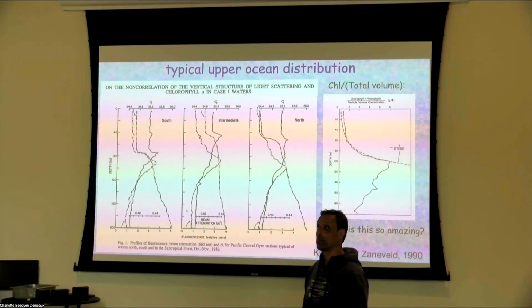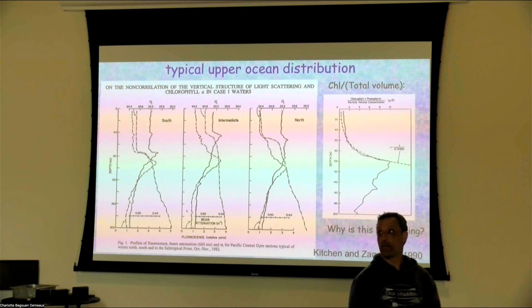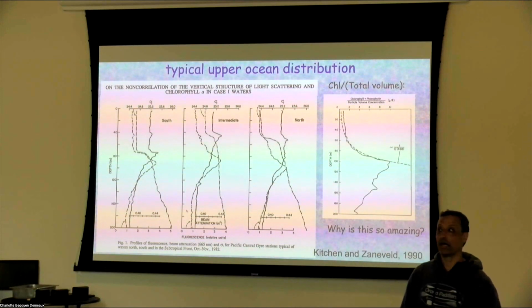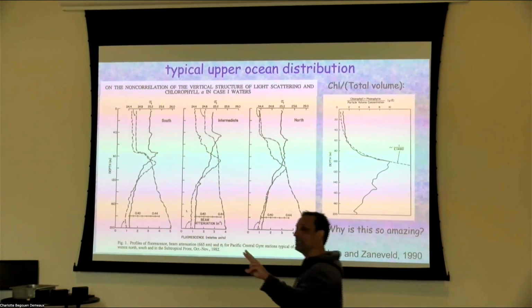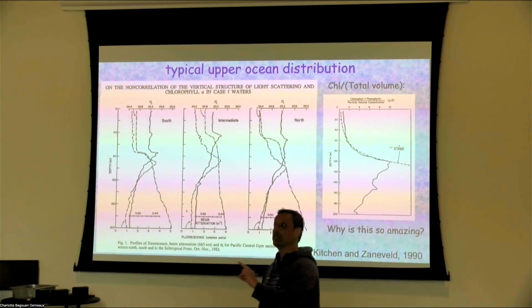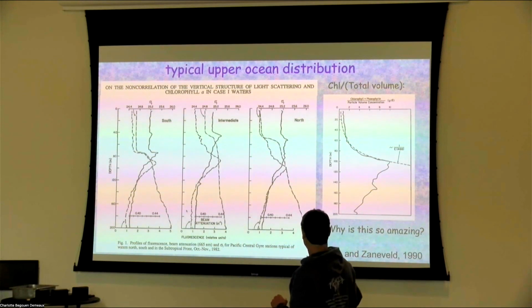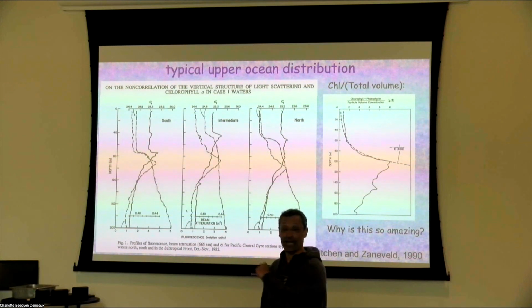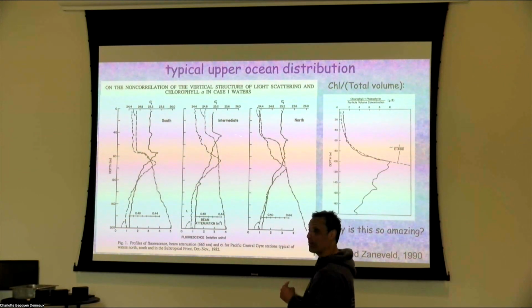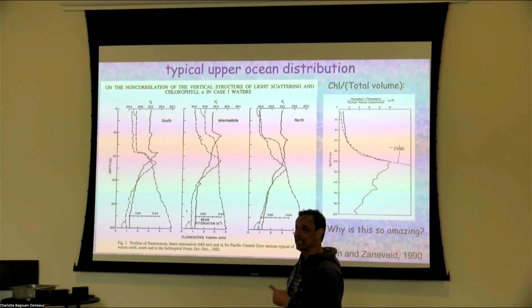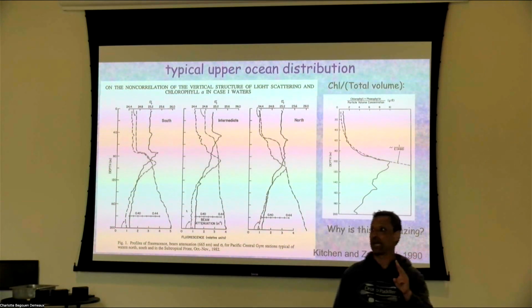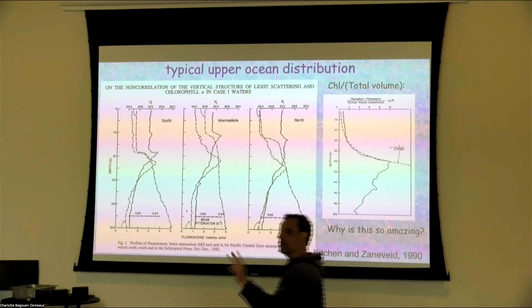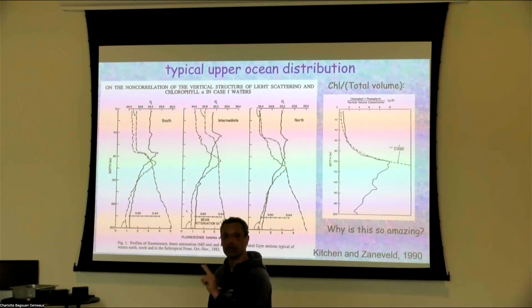What does it tell you? It tells me two things. One is the relationship between total particle volume, and also beam attenuation, and the particles that have growth within them. What I took from it is just the opposite of what most people would take from this paper: that we can use beam attenuation and backscattering to get information on the biomass, the carbon mass of phytoplankton.